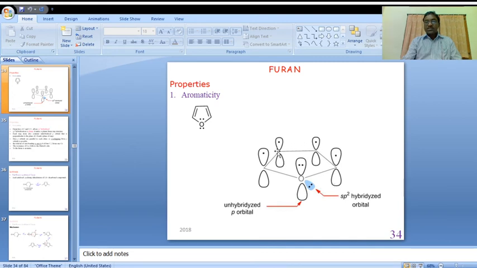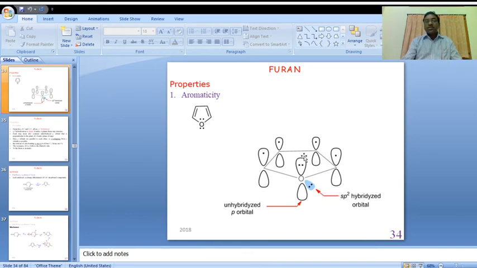Here the five atoms are in the same plane, and there is an electron cloud above the plane and another below the plane.